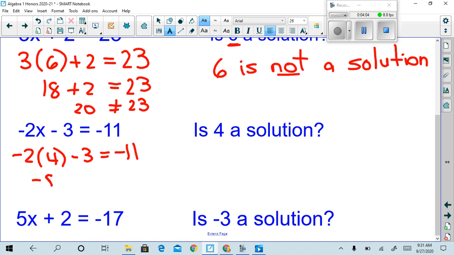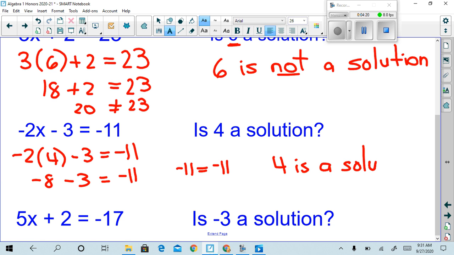I will get -8 minus 3 equals -11. Add the opposite, and I get -11 equals -11. I draw a conclusion: 4 is a solution to this equation. And let's try one more.